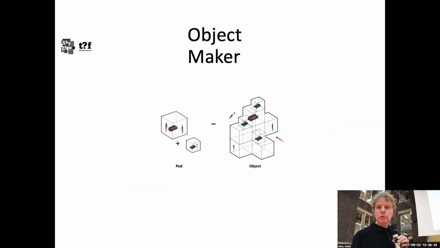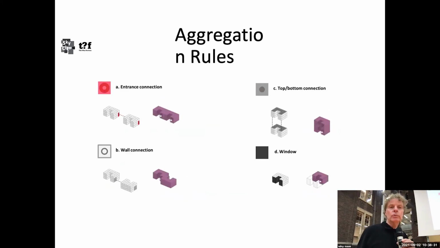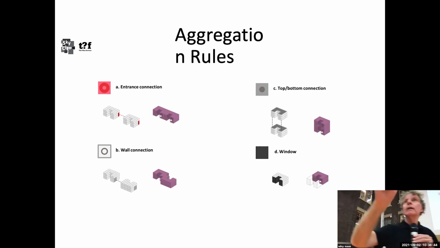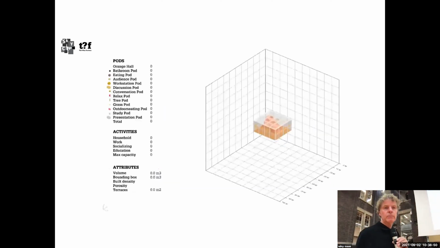So from the pod to the object maker has to be accompanied with a wish list of elements, and then aggregation rules. Entrance connection, the wall connection is an important one. Top, bottom, what is the relationship between that? So this is an advanced function mixer. Research takes 10 years, what it indicates in a way. And also the position of the windows that can then be flexible.